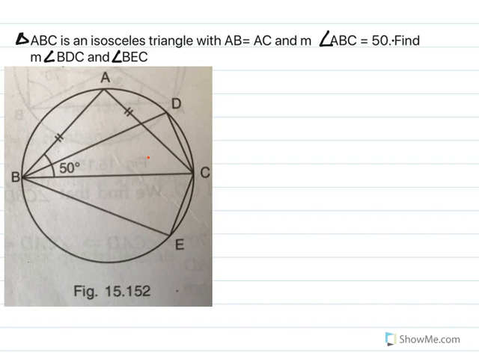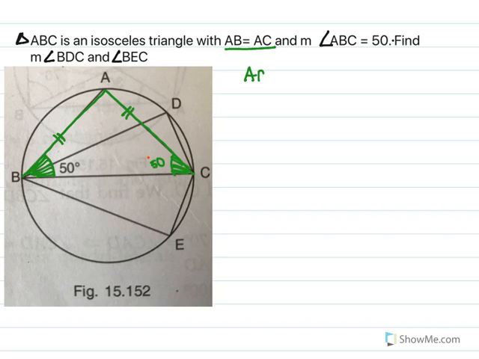Now here ABC is given an isosceles triangle in which AB equal to AC. Now if AB is equal to AC, two sides are equal, two angles will be equal. So if this is 50, this will be the base angle, angle ABC, and this angle will also be 50.